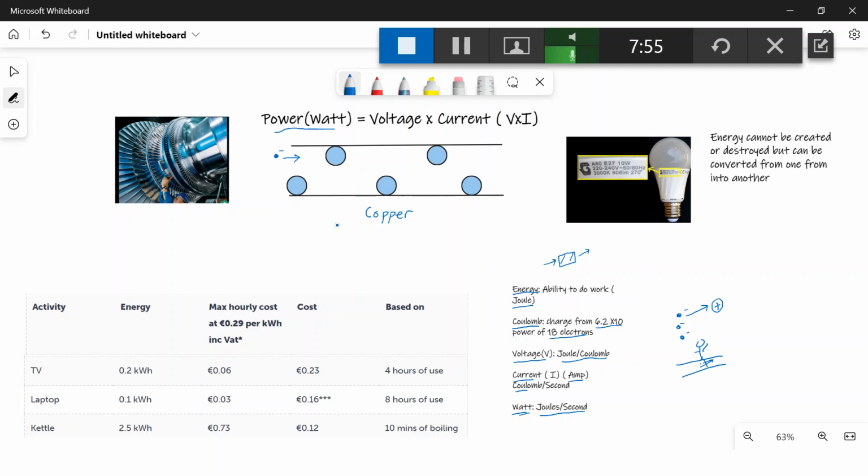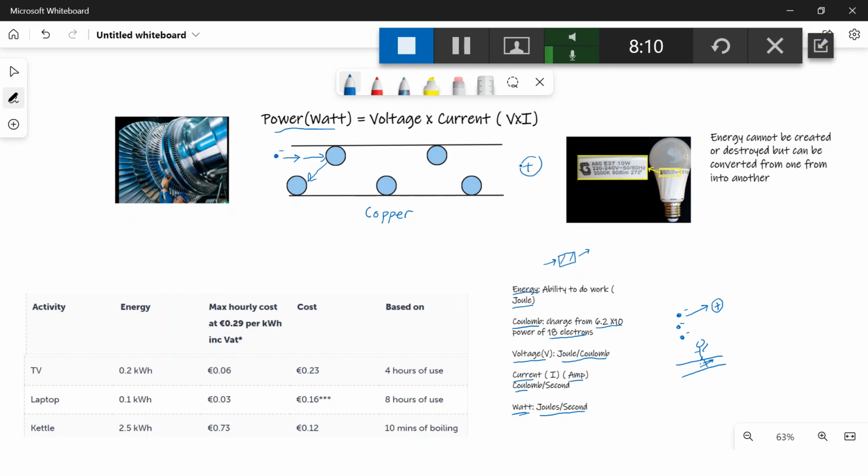Copper itself is made up of atoms. When electrons move through copper, they don't just move through in a straight line. They will hit against and bounce off the atoms.